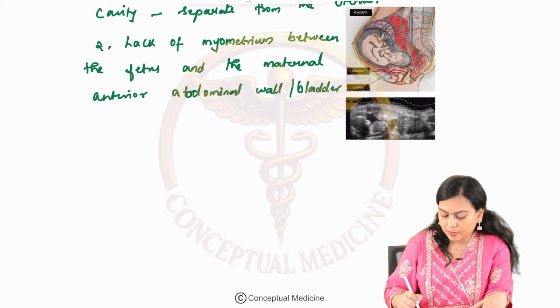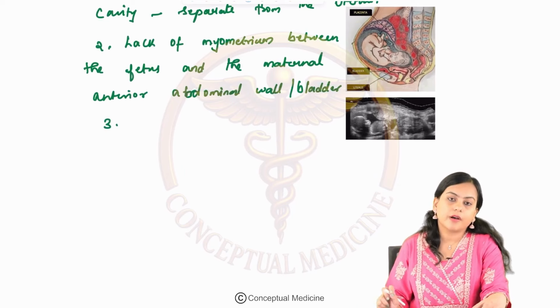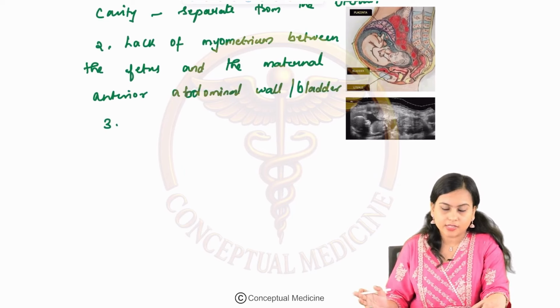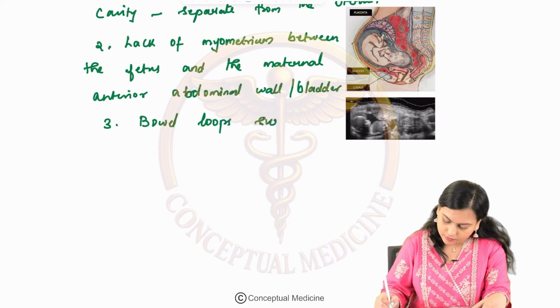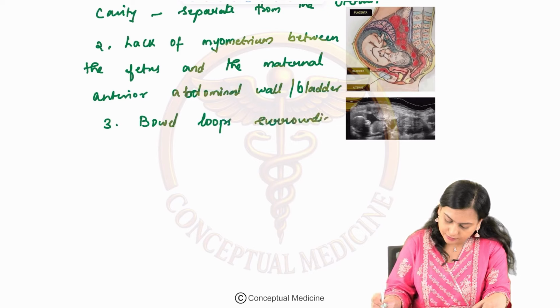And since it is present in the abdominal cavity, there will be bowel loops surrounding the gestational sac or the embryo. So, bowel loops surrounding the sac.